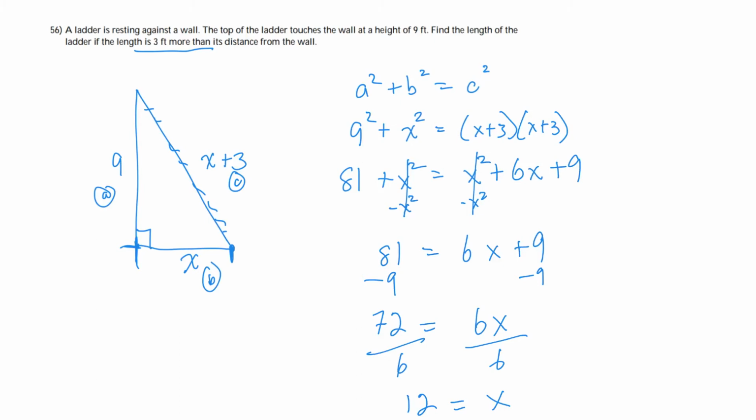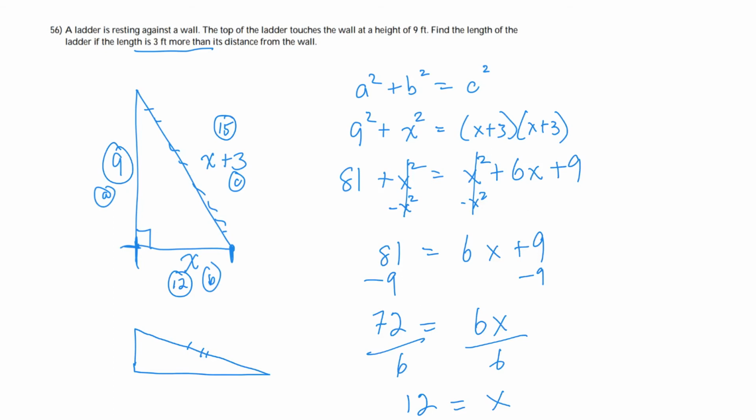So that would mean this side is 12, and that would mean this whole side is 12 plus 3, or 15. It seems 12 is a long, long way for the ladder. The ladder would look like that. That's not safe to put a ladder like that.